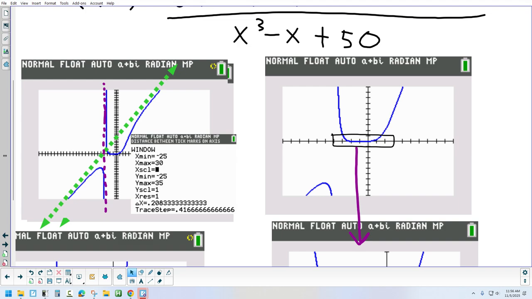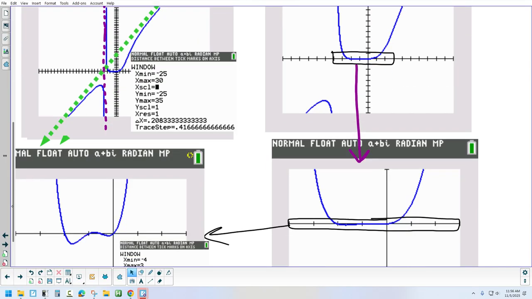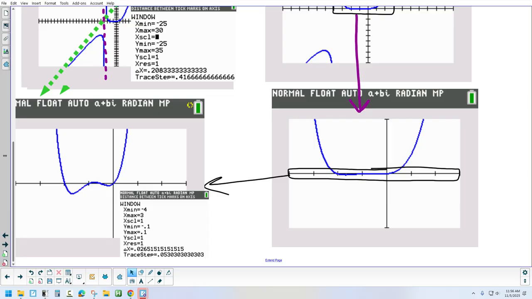I don't know how you'd find all 30 because you'd never be able to move your cursor precisely enough to get left, right, and guess. Here you can. I could put my cursor left, right, guess on all of them, but I wouldn't even know to look for more than 2 or 3 unless I zoomed in enough to see them. But yeah, you probably could find one of them, 2 of them.